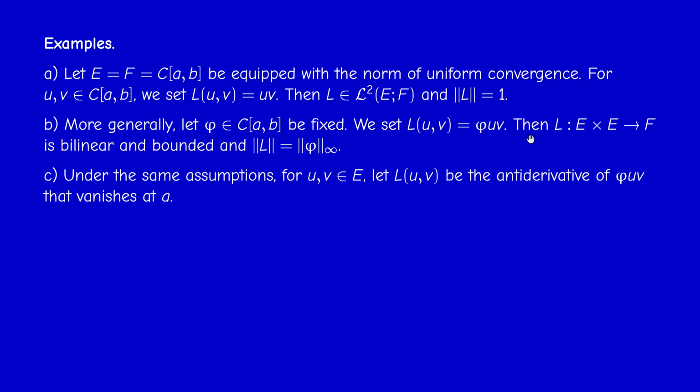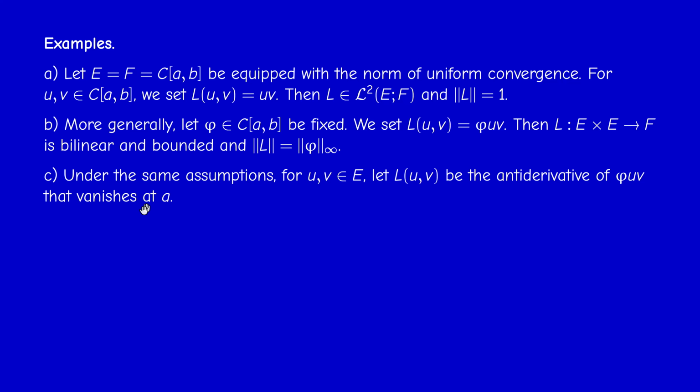If you take u equal v equal 1, which are in the unit sphere, you get norm of L is bigger or equal than phi. To prove that the norm of L is bigger or equal than the absolute value of phi of x, let's say, we have to take now u equal 1, v equal minus 1, and then you will get minus phi. So we get absolute value of phi is less or equal to the norm of L, and since this is true for every x, you conclude.